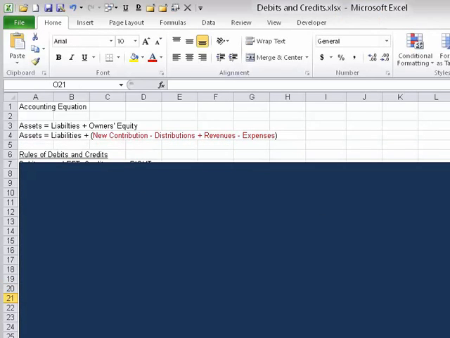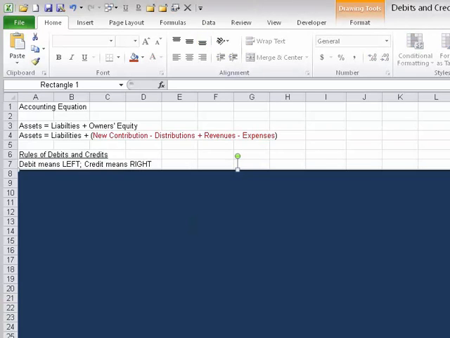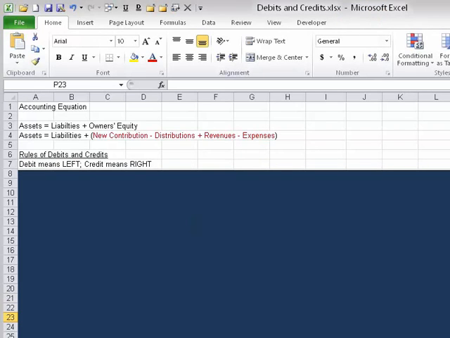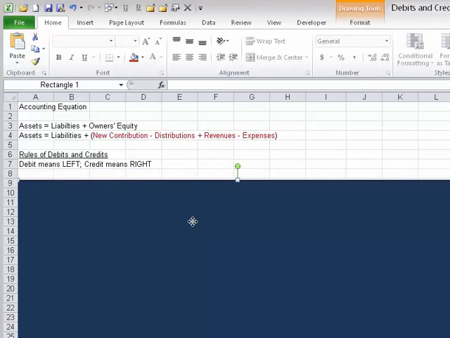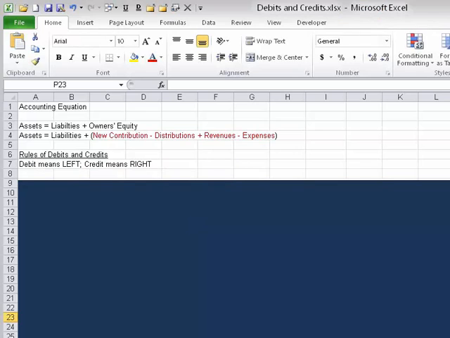So let's look at rules and debits for the accounting equation. Debit means left and credit means right. That's just one of those items you have to memorize, or at least keep it on a note sheet so that you have it in front of you. As you work more and more with accounting, it will become obvious.